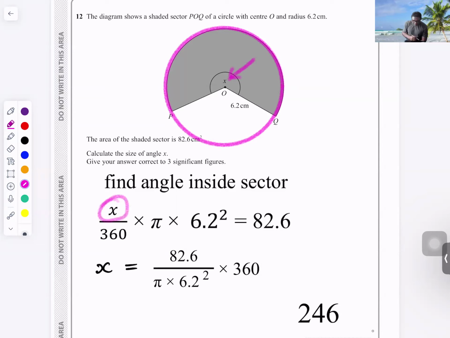We rearrange that formula. So it would be 360 times the area divided by pi r squared, from what we did earlier. So that is the area, and then that is radius squared. When you put it into your calculator, you get 246.